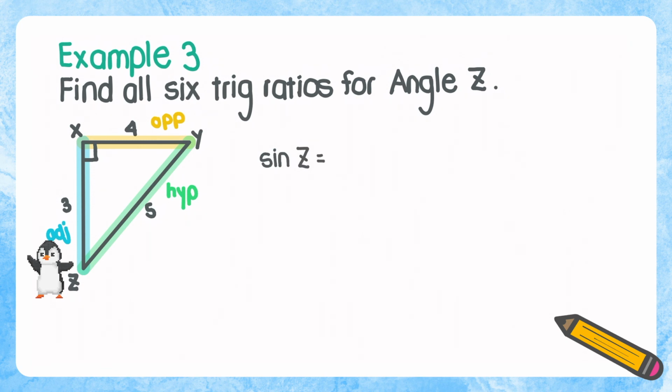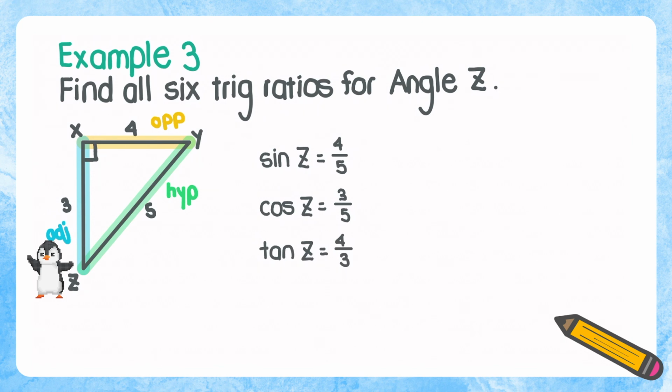The sine of angle Z is the opposite over the hypotenuse, so 4 over 5. Cosine of Z is the adjacent side over the hypotenuse, so 3 over 5. And the tangent of Z is the opposite side over the adjacent side, so 4 over 3.